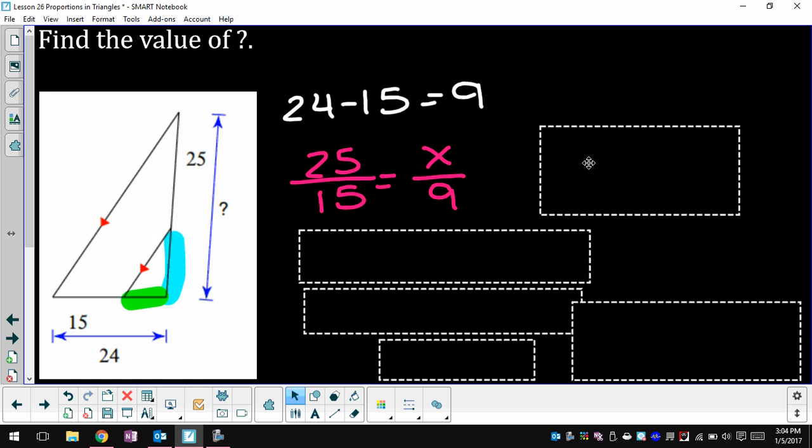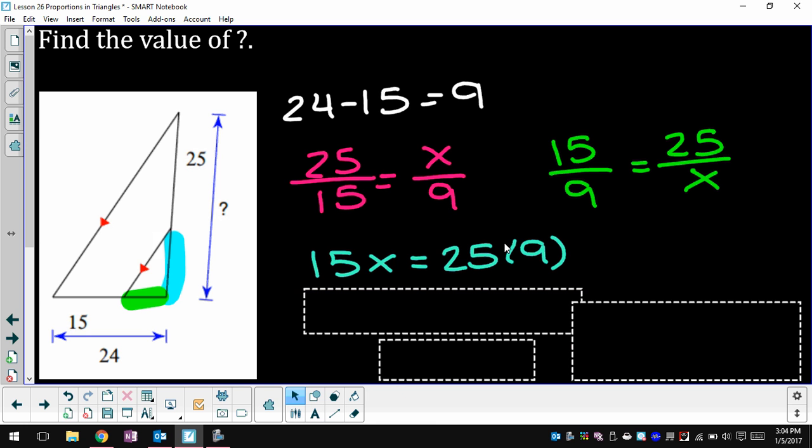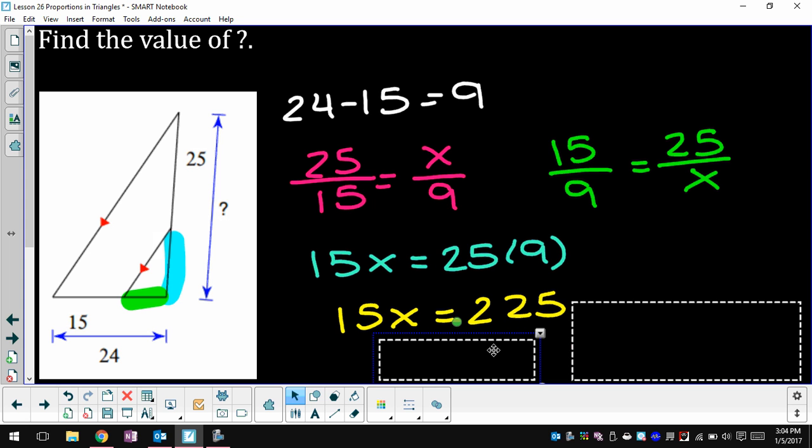So there are the 2 possibilities for the proportions. I can cross multiply, simplify, and find this blue piece to be 15.